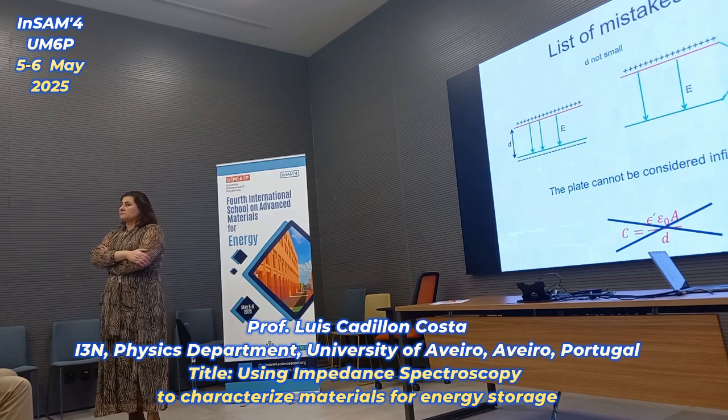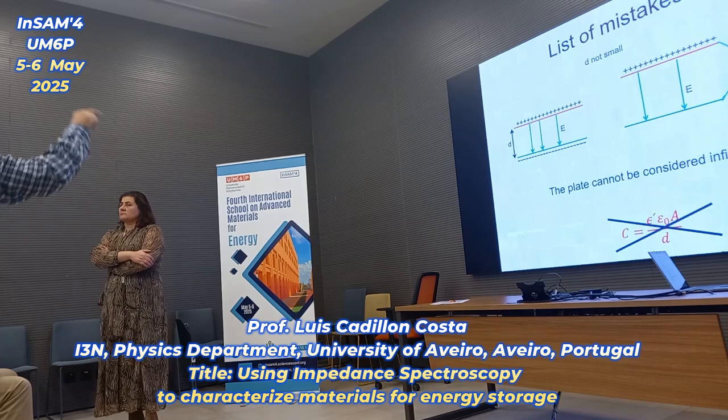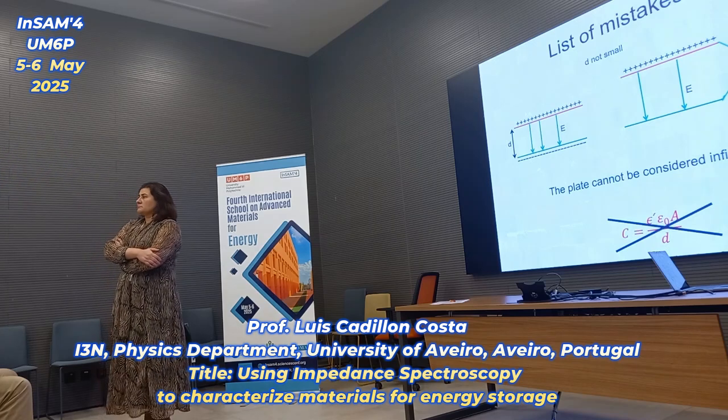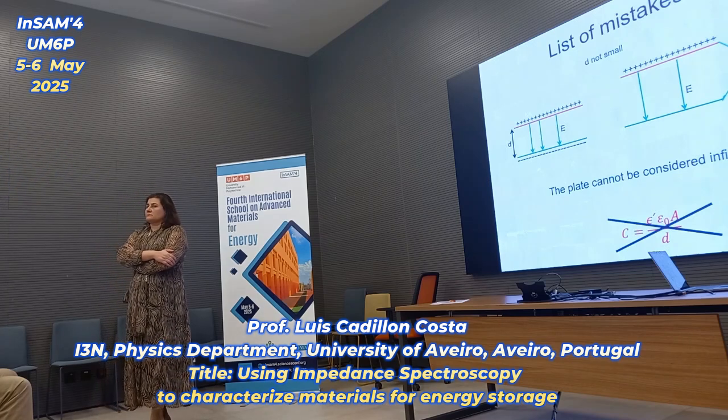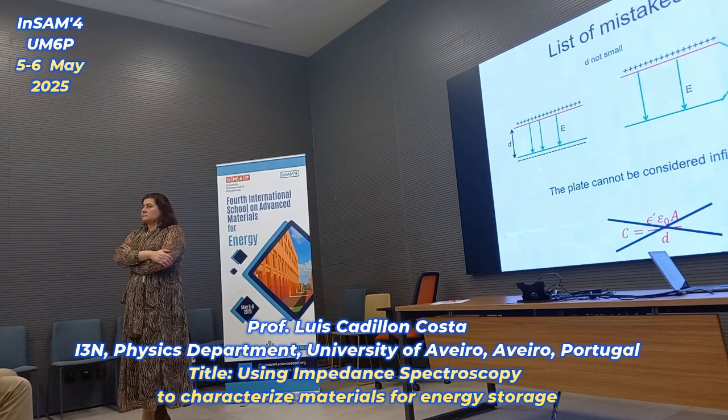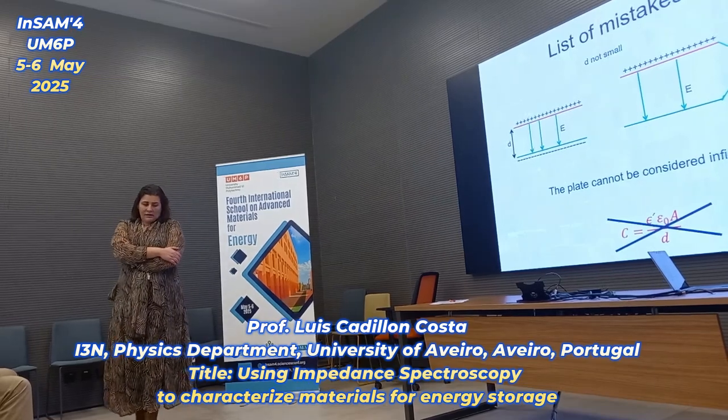So we know exactly what happens. And you can decouple contributions 1, 2, 3: grain, grain boundaries, electrodes and things like that. This is known. And in batteries, it's one of the quite interesting methods to check batteries.